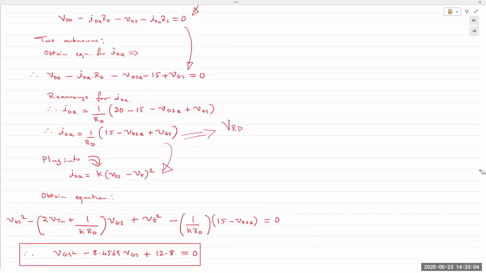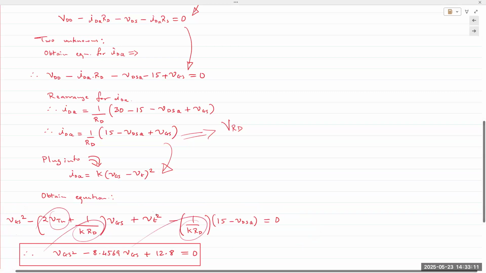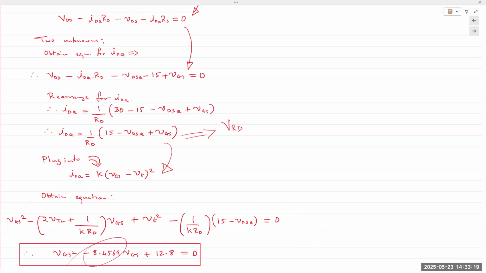Everything in the constants, VTN, KRD, and VT, all of those values are known to us. So we plug all of those values in, calculate those coefficients, and we obtain minus 8.45 and plus 12.8.